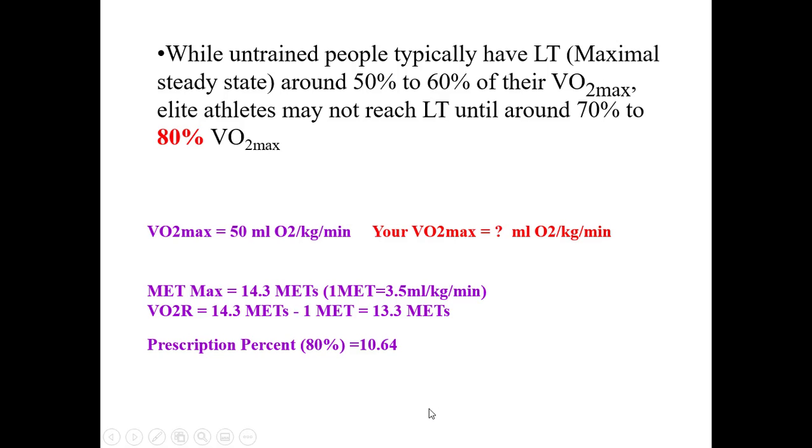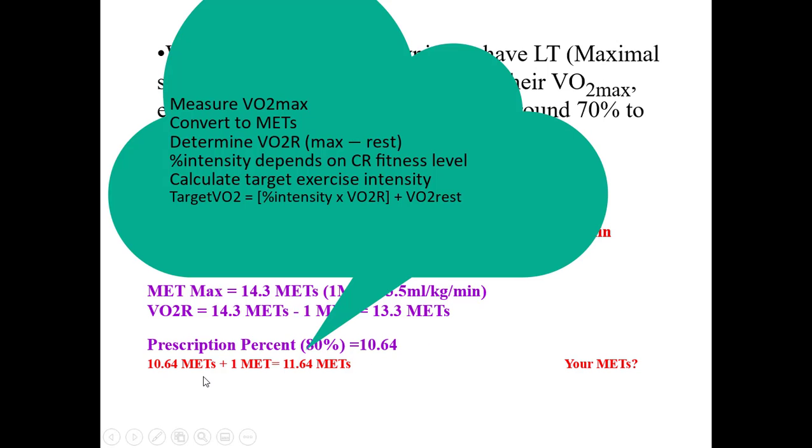And in the VO2 reserve method, we must add our resting value. So to 10.64 I add 1 MET, finally 11.64 MET. This is my exercise intensity, which is 11.64 times my resting.